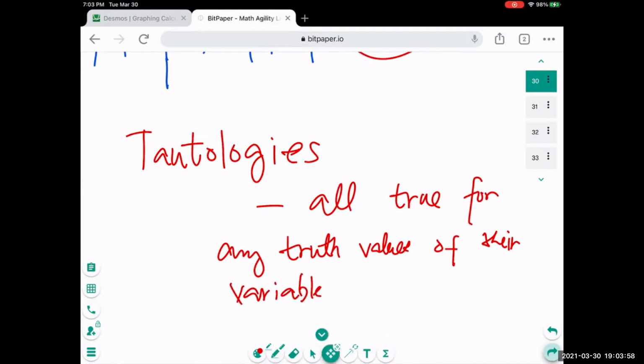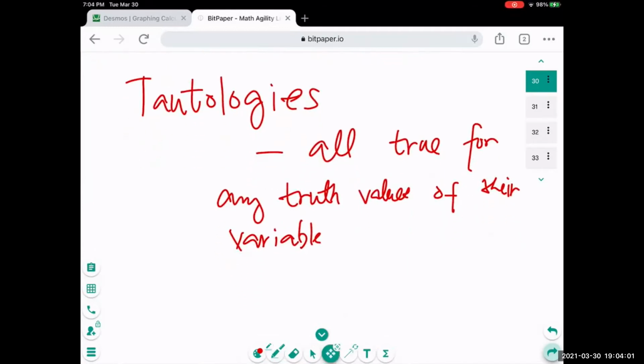So yung isa naman, yung contradiction, kabaliktaran naman siya nung tautology.